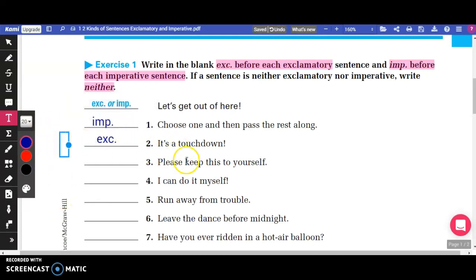Number 3, please keep this to yourself. It seems like this is telling me to do something. So that must mean that it's imperative.